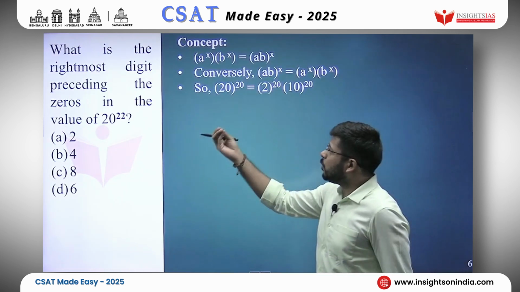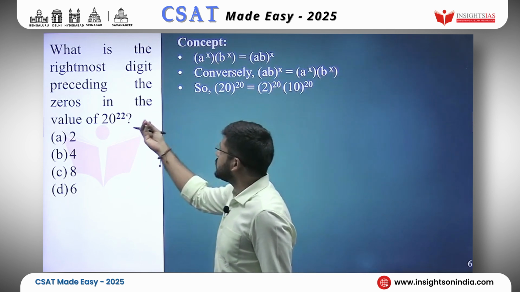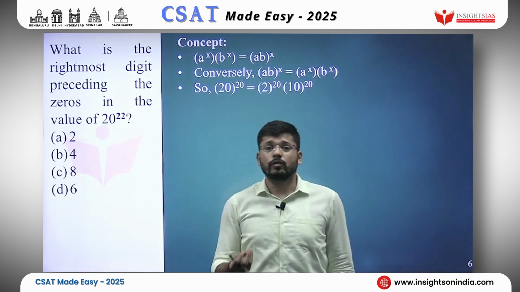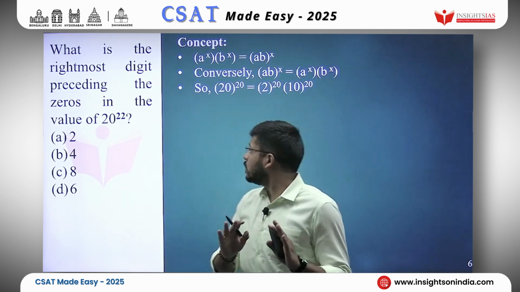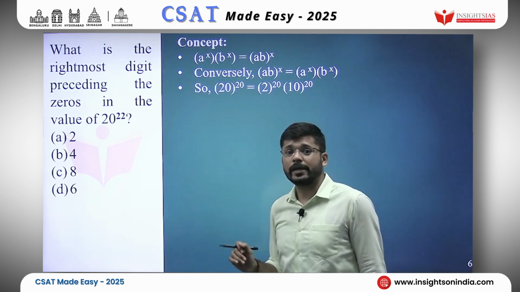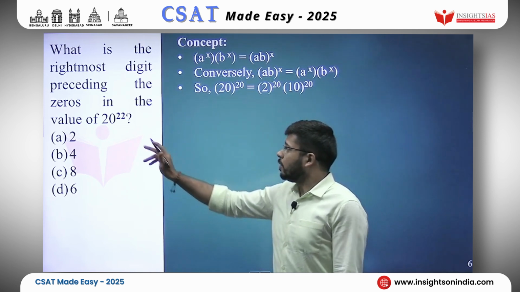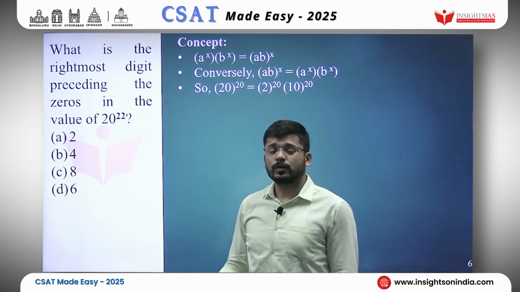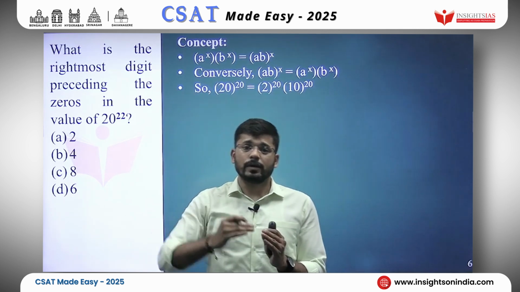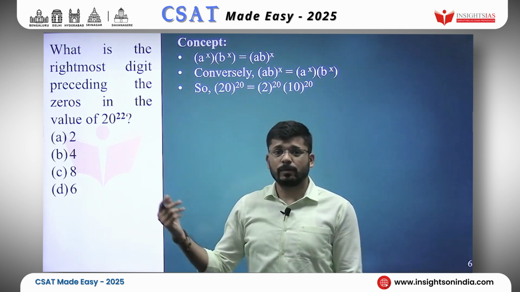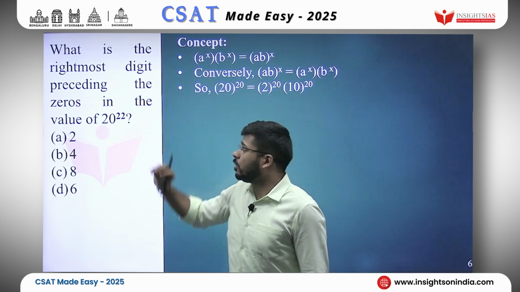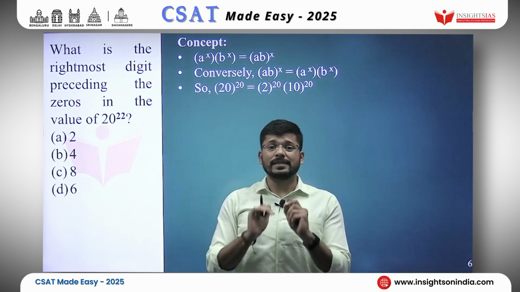What is the rightmost digit preceding the zeros in the value of 20 to the power of 22? Yes, 20 to the power of 22. Now this ends in 0, right? However much you raise it, the last digit will be 0 itself. But they are not asking us to find the last digit.